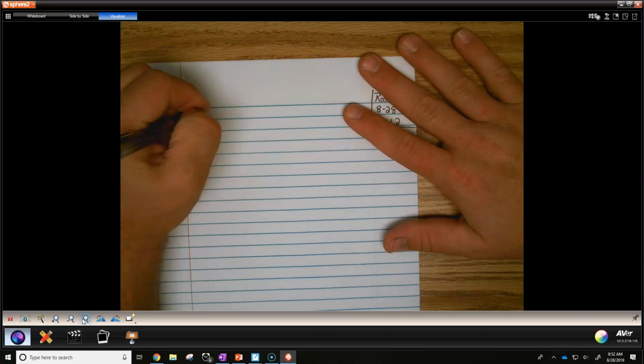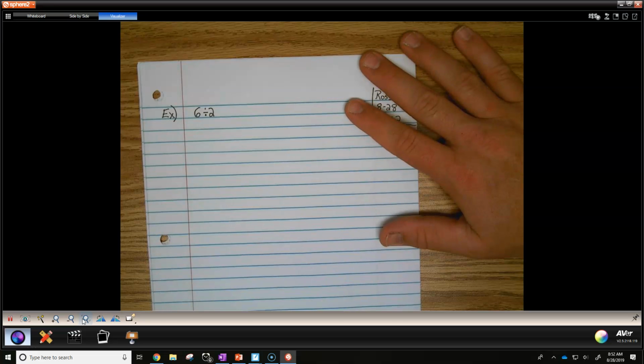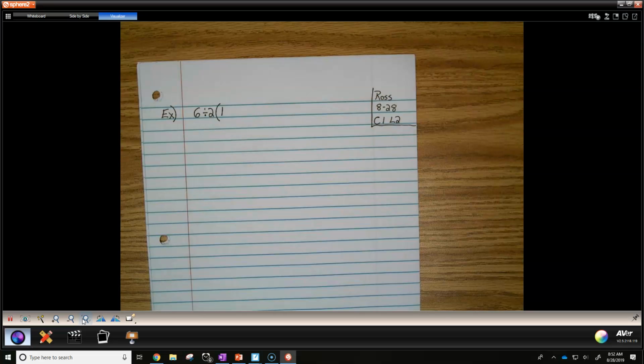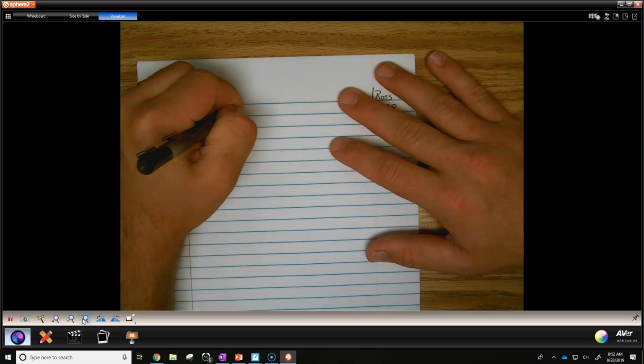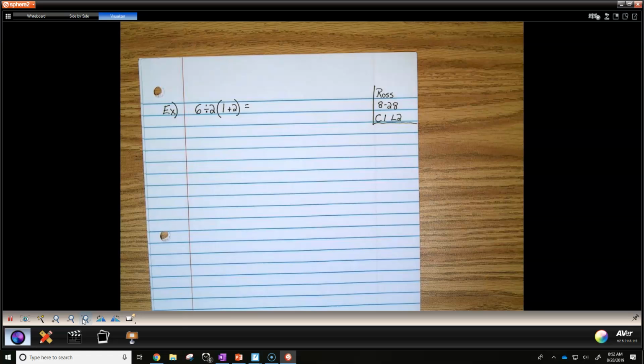No. So the problem is 6 divided by 2 parentheses 1 plus 2. This is the problem everyone is arguing about on Facebook.